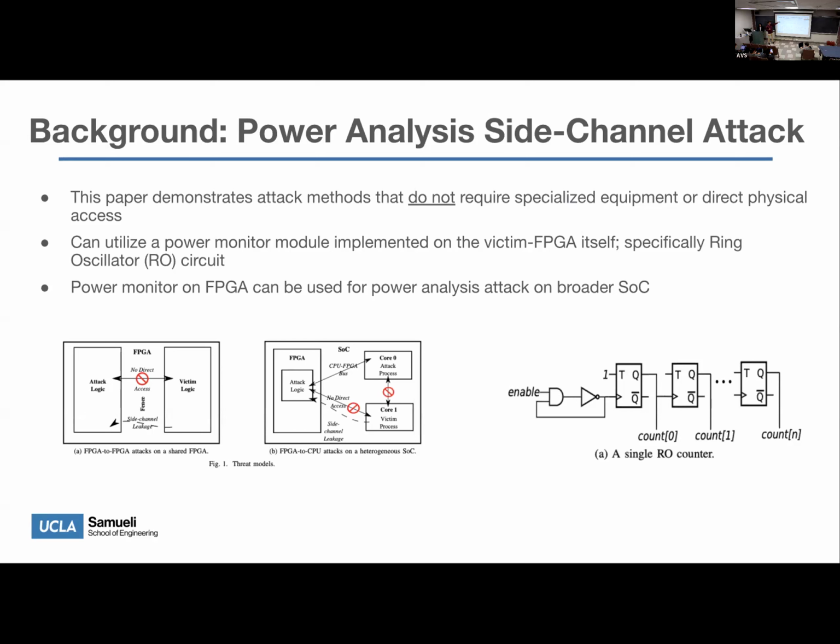In this case, they particularly implement a ring oscillator circuit on the FPGA. A ring oscillator circuit is just a series of NOT gates, and you can measure power consumption that way. For this particular paper, if you see on your bottom right, they use a slightly more complex ring oscillator power monitoring setup, where they have a system of counters as well, so that they can measure power multiple times and have a higher resolution result.